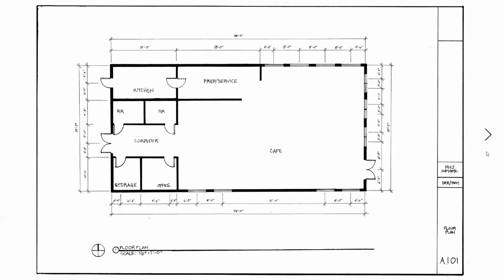Now, this is because this is giving basic information to the framing contractor to know where to lay the studs to build the actual main walls. But keep in mind that dimension lines will move based on what is trying to be conveyed on the plan. And we'll see examples of that a little bit later on. But you can see here with the dimension lines, they're very thin lines.